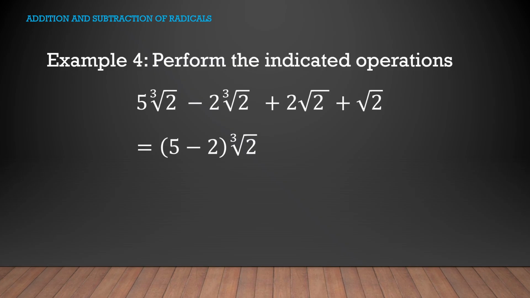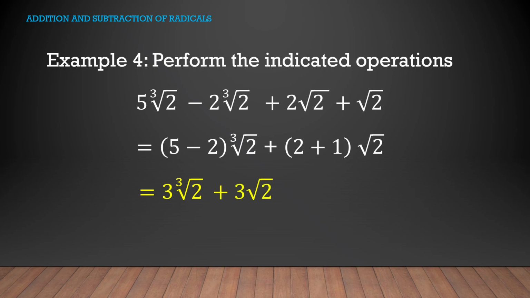The coefficients are 5 minus 2, then affix the common radical, and that is cube root of 2. Plus, the coefficients are 2 plus 1, then affix the common radical, and that is square root of 2. So we can combine now. 5 minus 2 is 3 cube root of 2, and the other one plus 3 square root of 2. And that is the final answer.